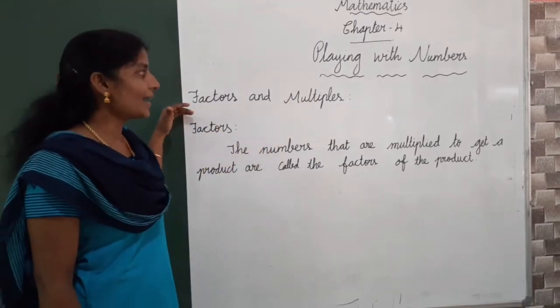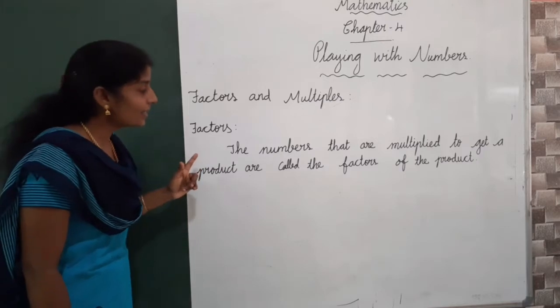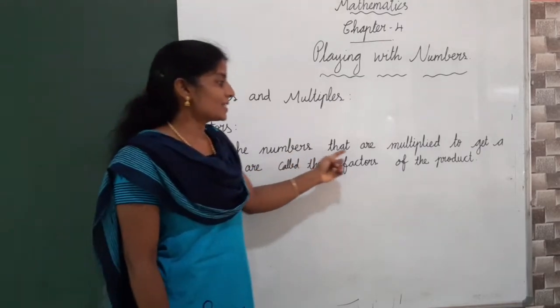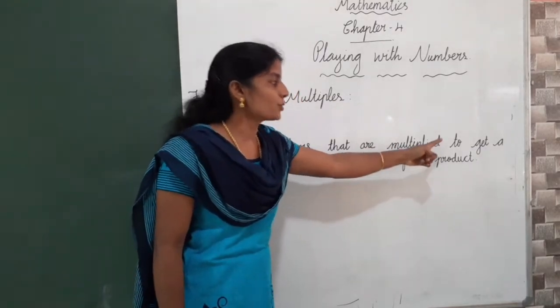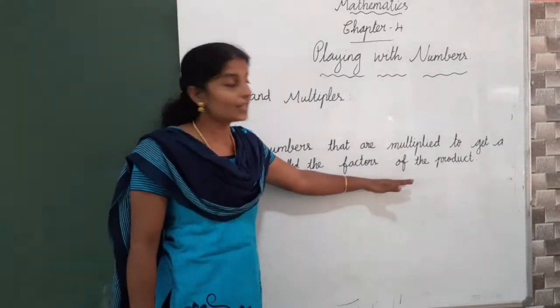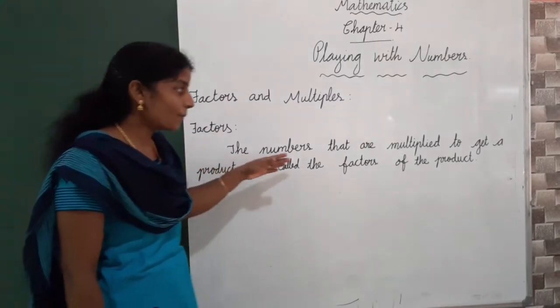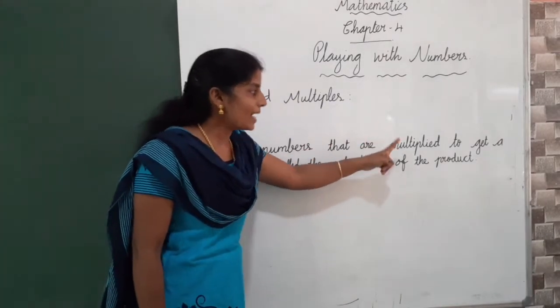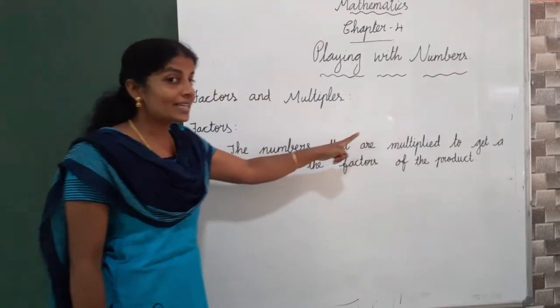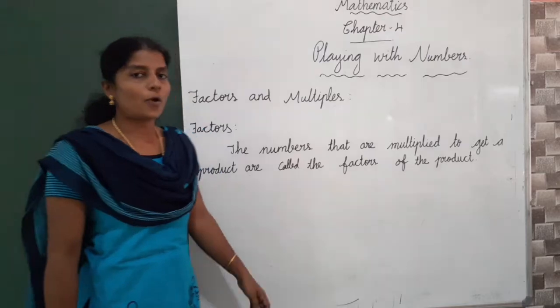Factors and multiples. Do you know what factors are? The numbers that are multiplied to get a product are called the factors of the product.